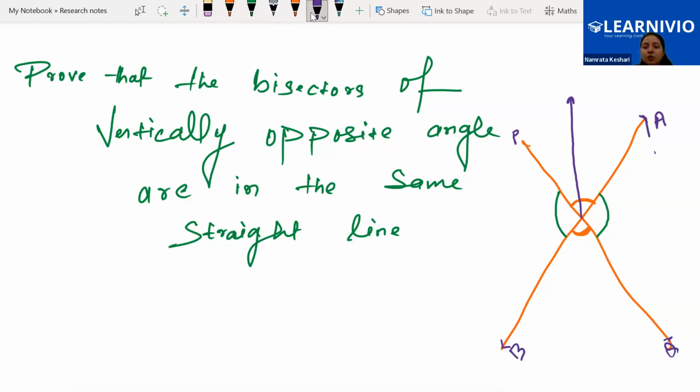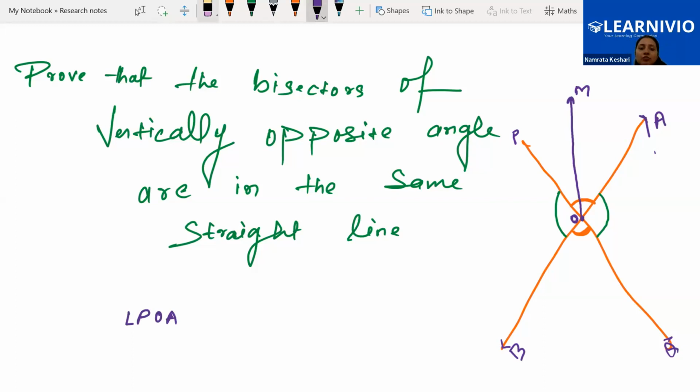Here AOB, and POQ, these two lines are intersecting each other at a point O. Now let's say OM is the bisector of angle POA. Angle POA is getting bisected by OM. That means this part and this part are the same, right?